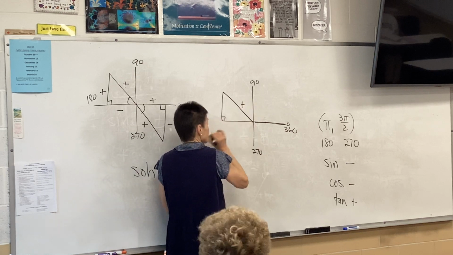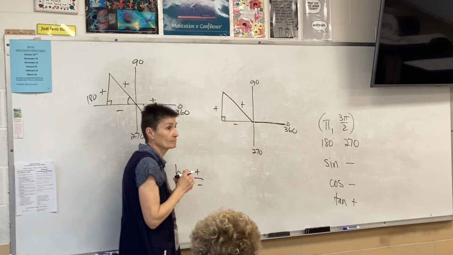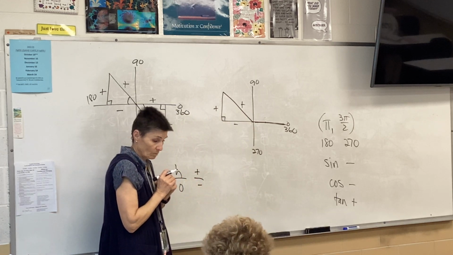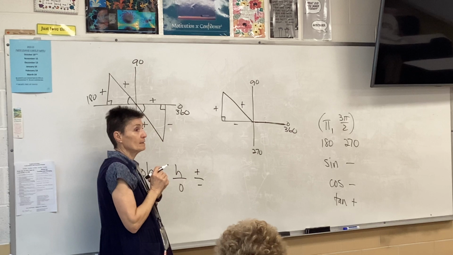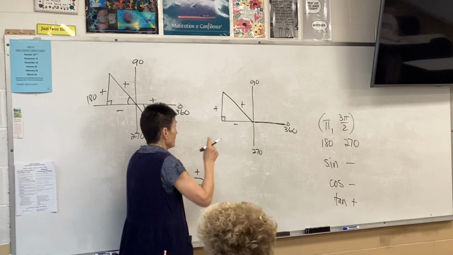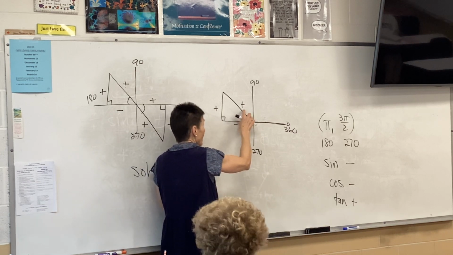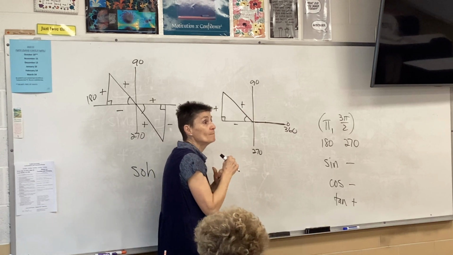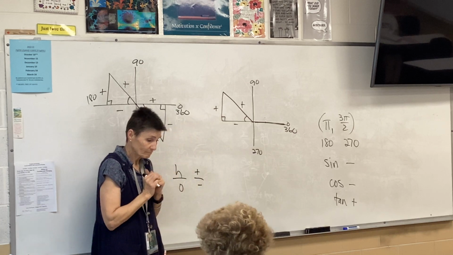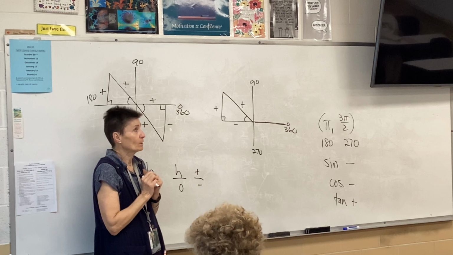Quadrant 2, that's positive. Positive, negative. What do I want? I want the cosine. This is your angle, remember. Adjacent over hypotenuse will be negative. Pi over 11.